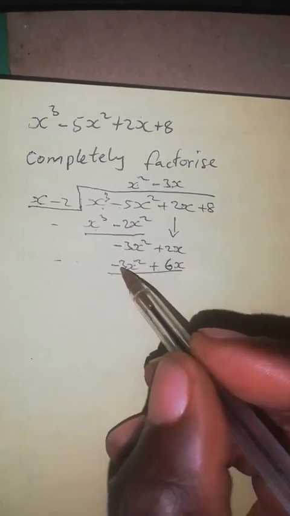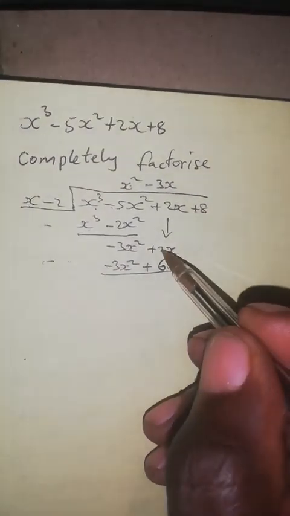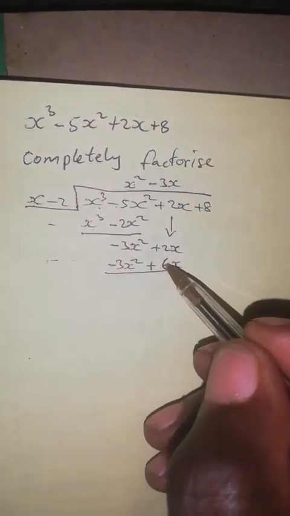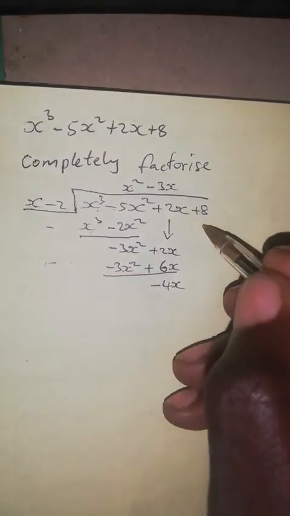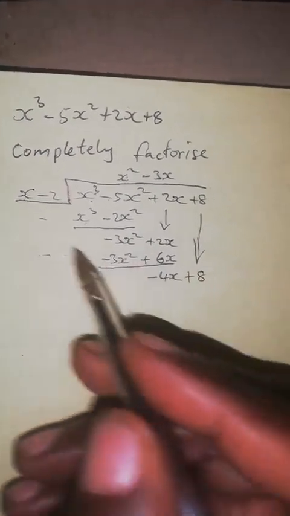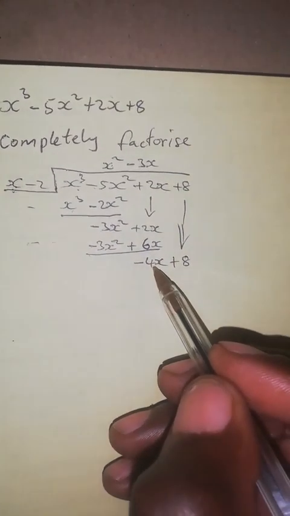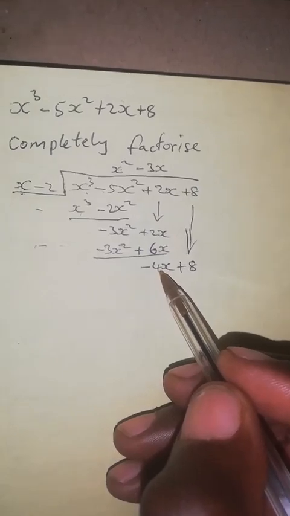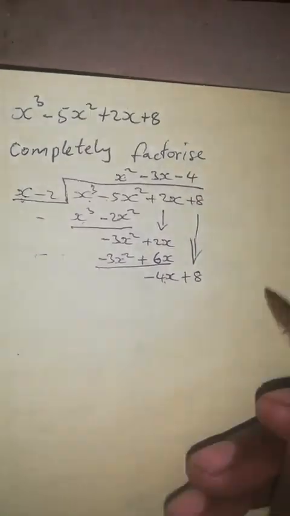minus 3x squared minus 3x squared, it's 0. 2x minus 6x, it's minus 4x. We pull down plus 8. We divide x into minus 4x, it's minus 4, which means we write minus 4 here.